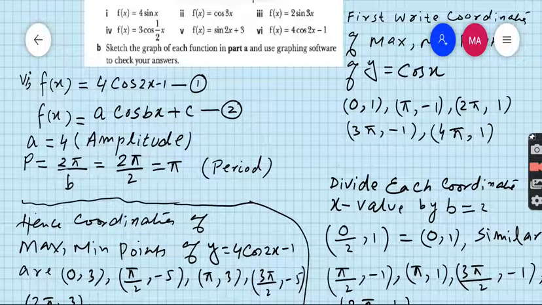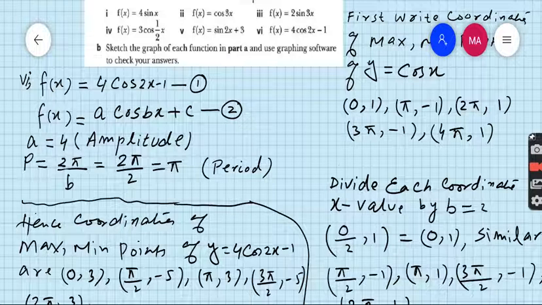The second requirement is to find the period. The formula of the period P is equal to 2 pi upon b. What is b? b is the coefficient of x in the trigonometric function. If you see equation number 1 carefully, the coefficient of x is 2.